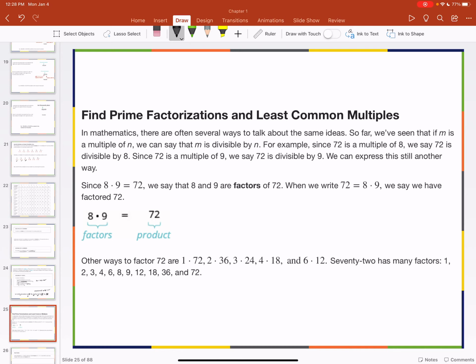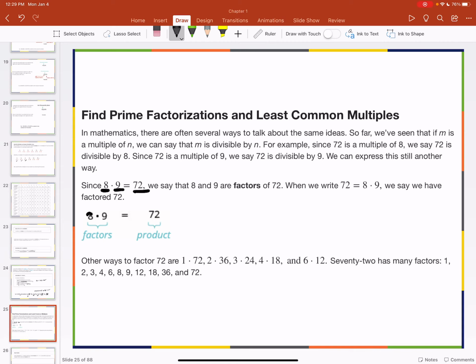So prime factorization, we're going to talk about that and least common multiples. When you say 72 is divisible by 9, for example, you can also say that 9 is a factor of 72. In other words, what are factors? Here, 8 and 9, 8 times 9 is 72.